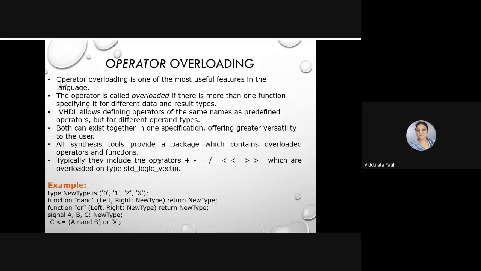Suppose we are overloading the plus operator, the addition operator, which is predefined for arithmetic operation. It can be overloaded to perform the same for binary operations also. So when we are using these operators, we can use them for different data types.